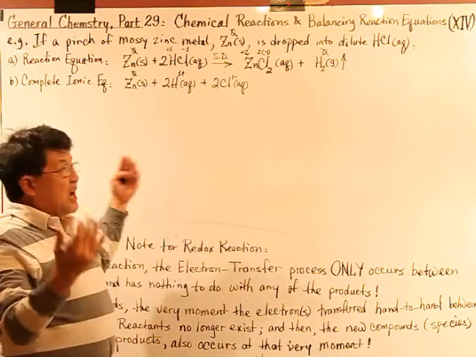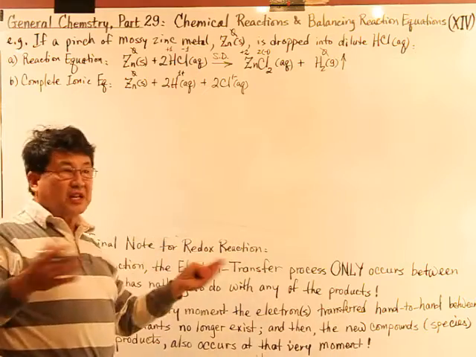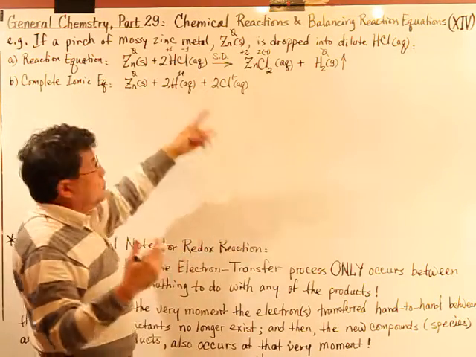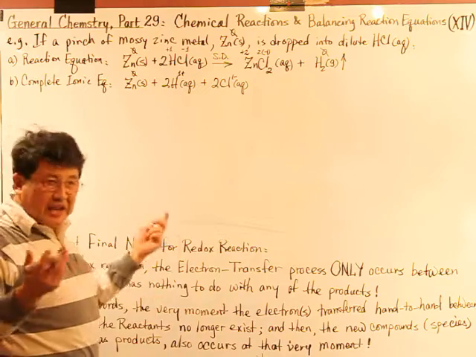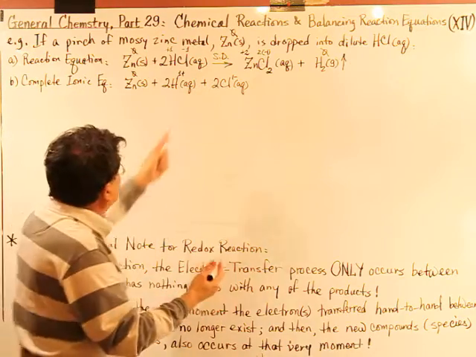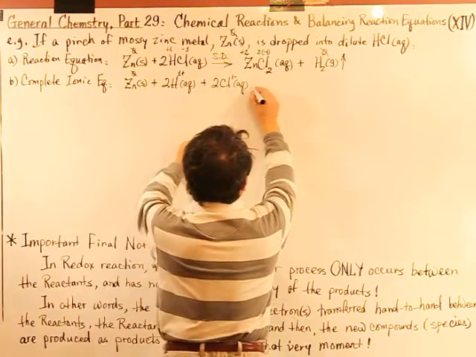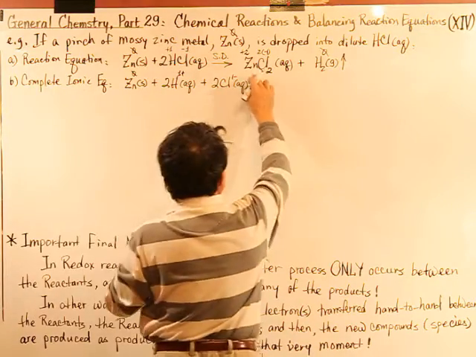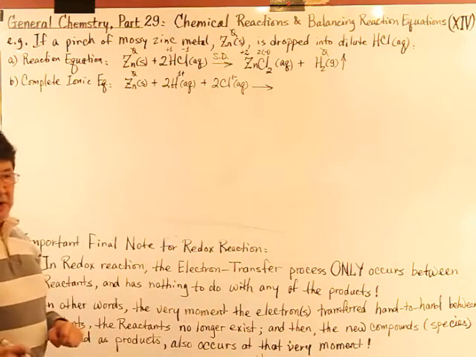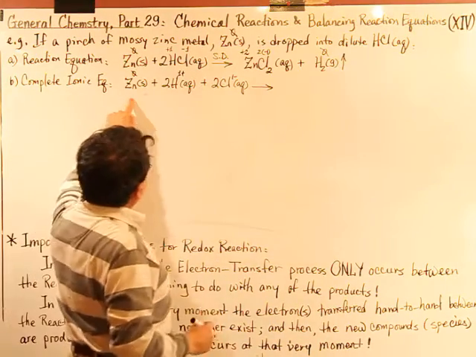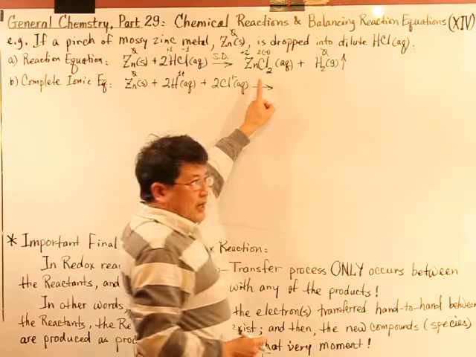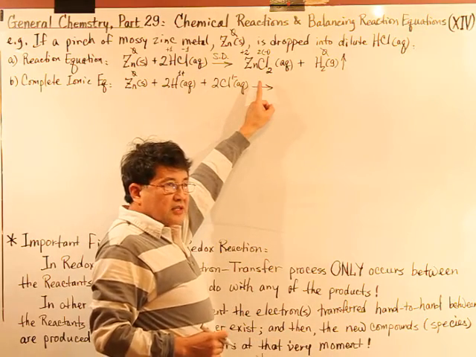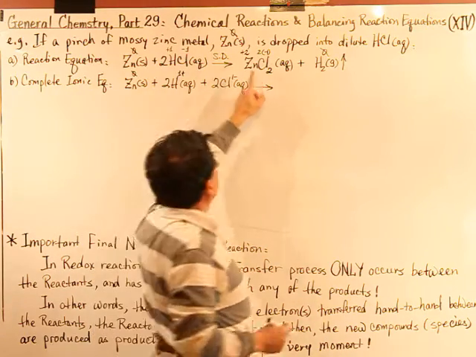One stays as solid, another one dissociates 100% completely and becomes 2 cation-anion pairs. So then we go in the single displacement reaction direction, going that way. Now the zinc chloride: the zinc, instead of solid, becomes part of the ionic compound as a cation and loses 2 electrons because it is 2 plus.